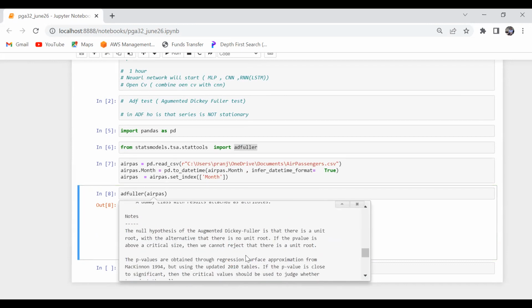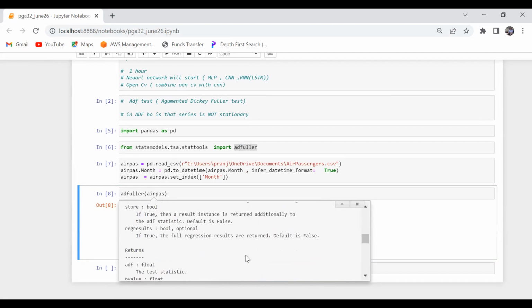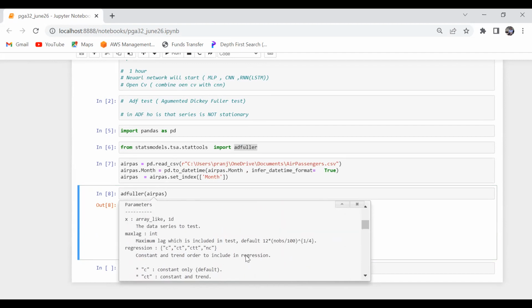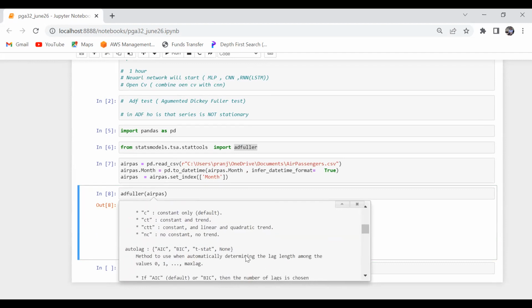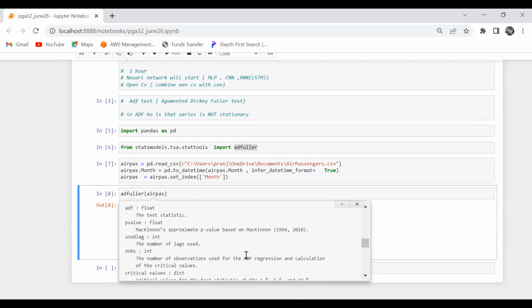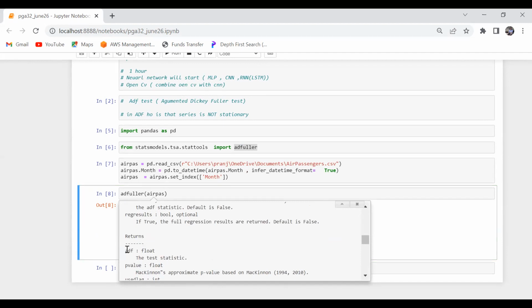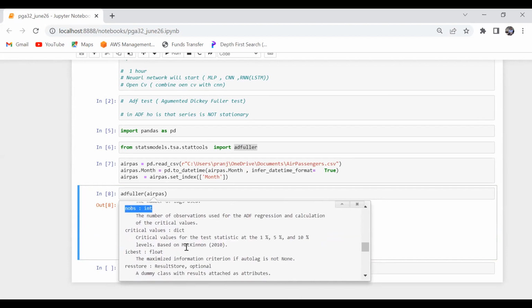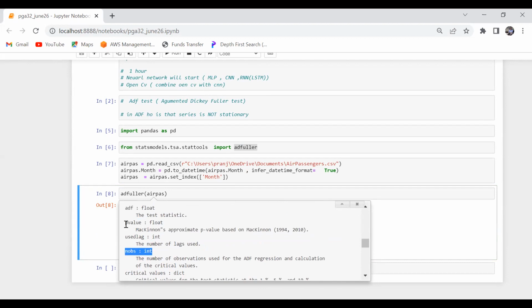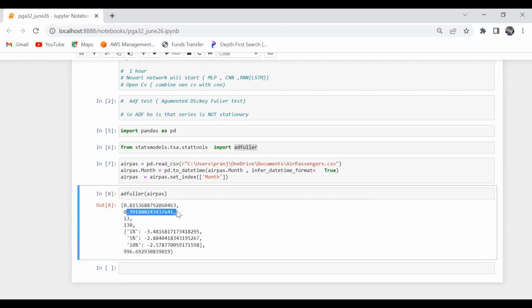ये रिटर्न क्या करता है? It returns your ADF test p value. The second value is your p value. Used lag, nobs, critical values dictionary. So basically, this is your p value. सब लोग please यहाँ तक करो.